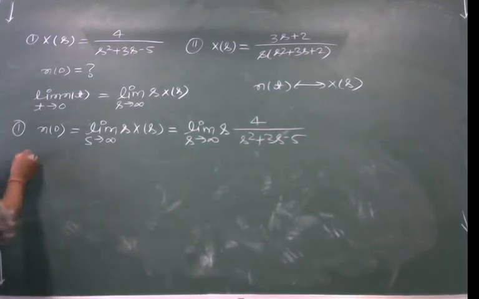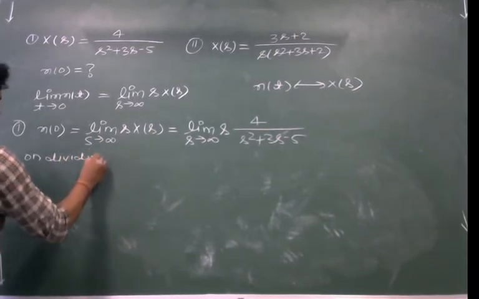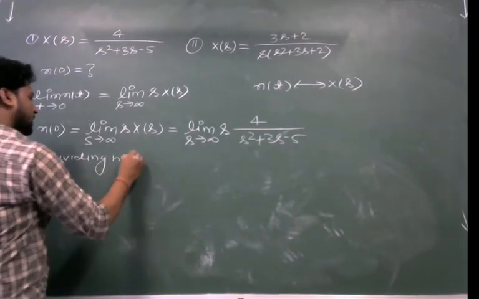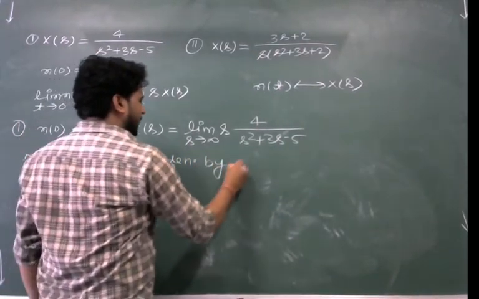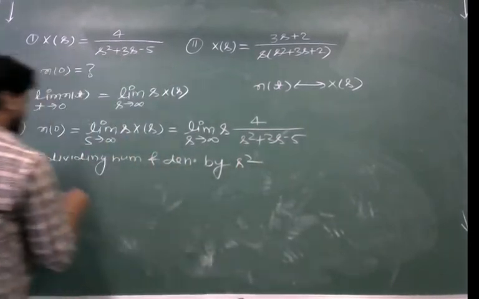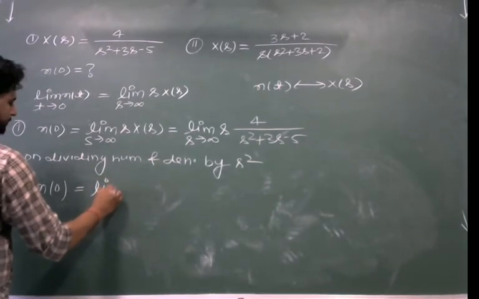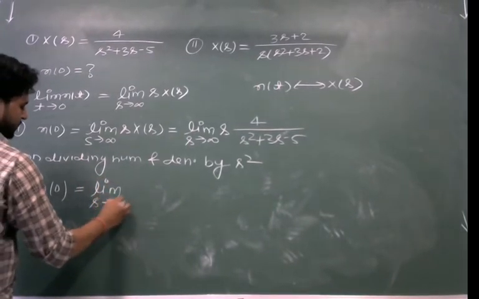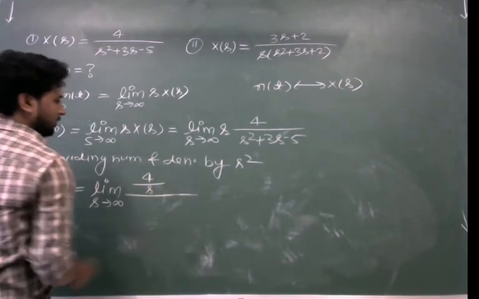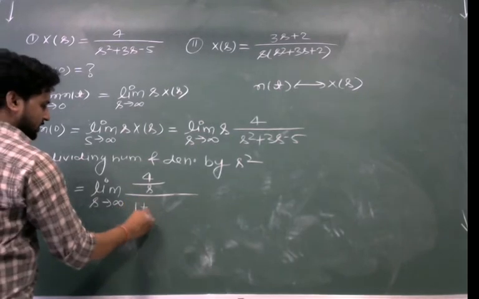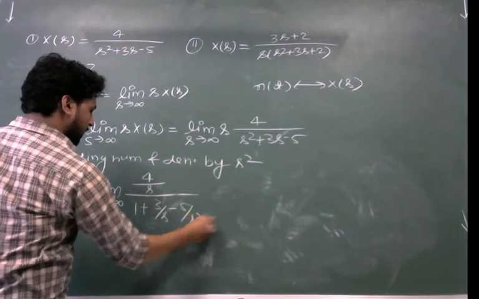On dividing numerator and denominator by s square, we will get x(0) equal to limit s tends to infinity of (4 by s) upon (1 plus 3 by s minus 5 by s square).